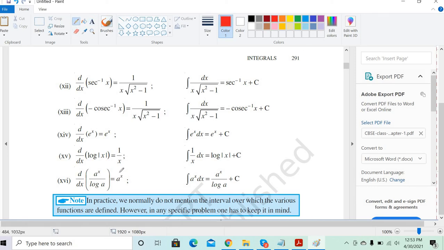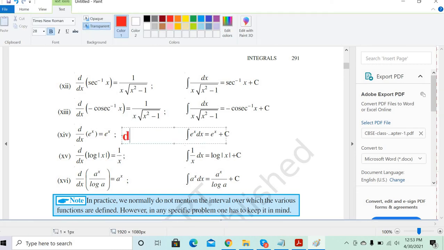I'll just write it down here. d by dx of a power x is equal to a power x into log of a.